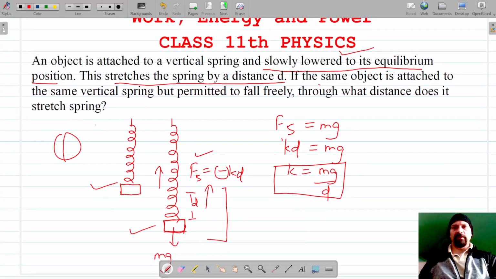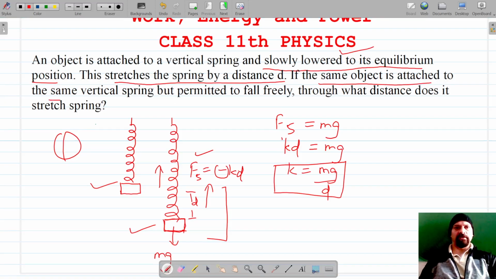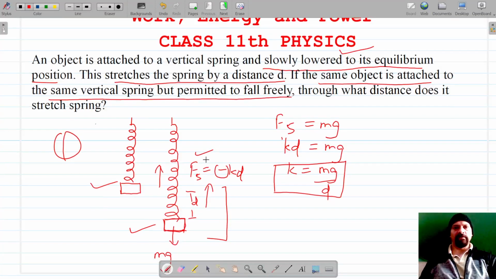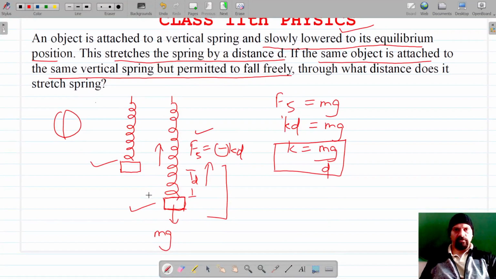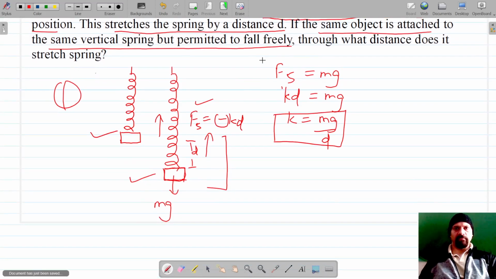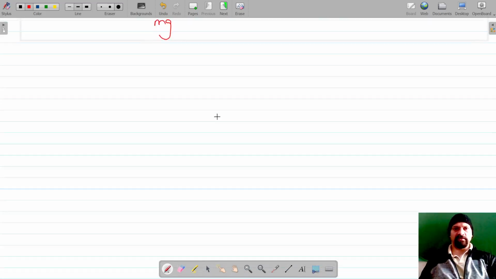Now, if the same object is attached to the same vertical spring but permitted to fall freely, that is, it is not allowed to fall slowly, but it falls freely under the force of gravity, through what distance does it stretch the spring?